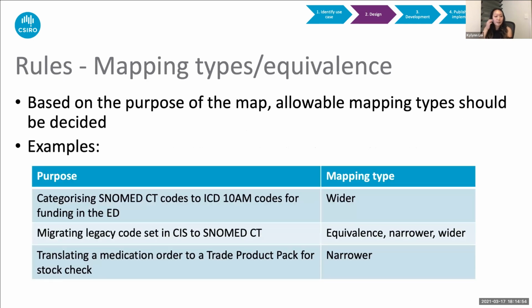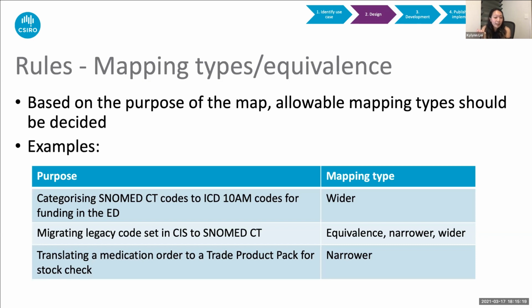What you would pick is really dependent on your use case. The purpose of your map would determine what type of mapping type you're looking for. For example, if you're doing a categorization type map, mapping some specific SNOMED clinical codes to ICD-10 classification codes for funding, you might be happy with wider mapping types.